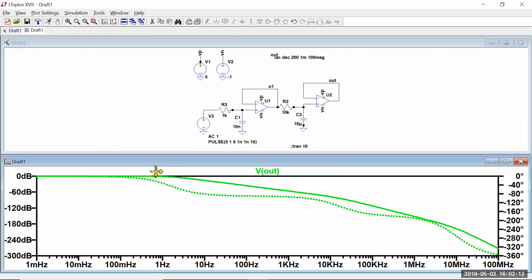Okay, there would be our low pass. Yeah, low pass. But see, in this particular example, I can see 1, 2, like 3 definite humps, but the phase goes down to minus 360.